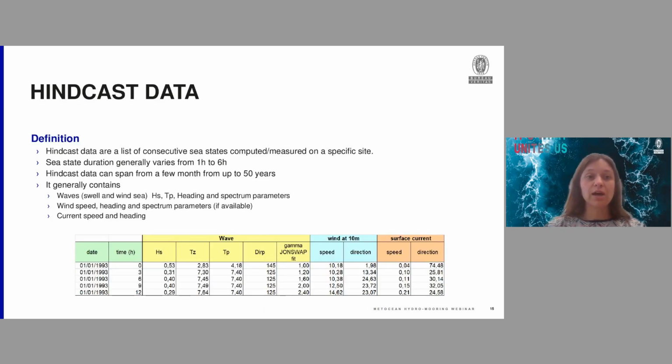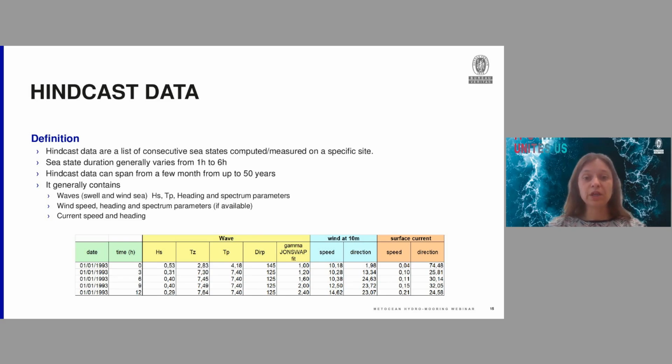First, I will explain what hindcast data are. Hindcast data are a list of consecutive sea states that can be computed from a computation model, or measured on a site. We will have a list, every 1 hour or every 3 hours or maybe every 6 hours, of the wave, wind, and current on this site.